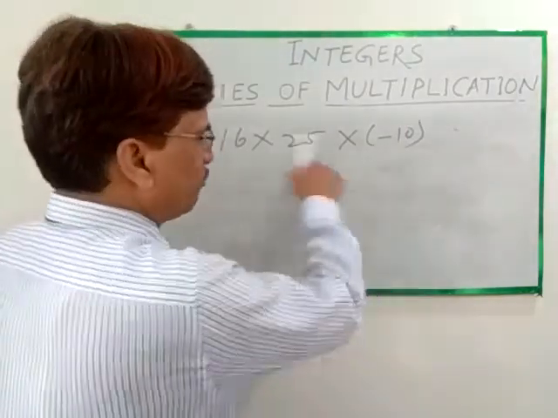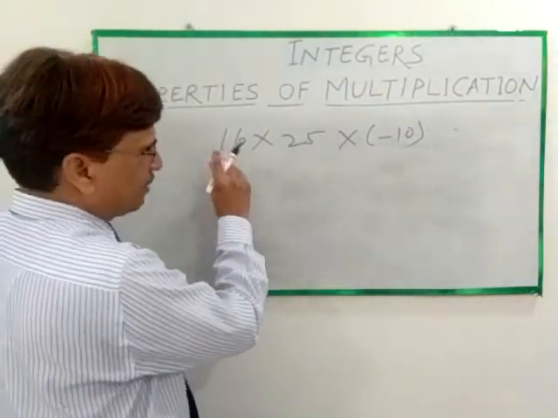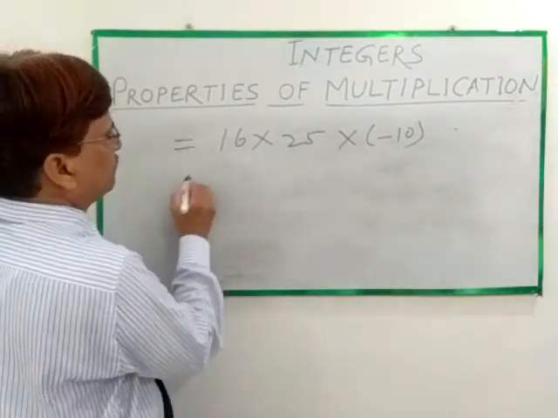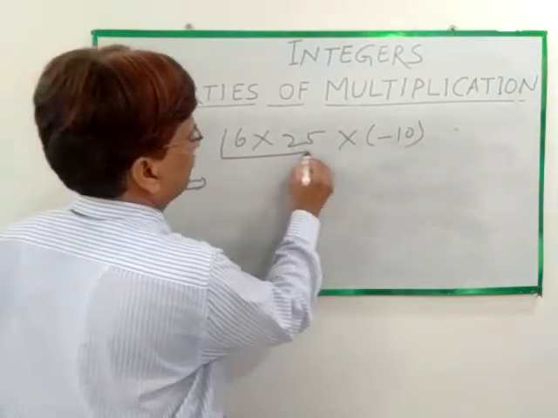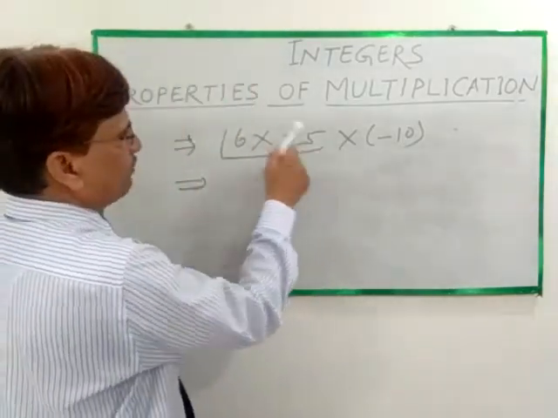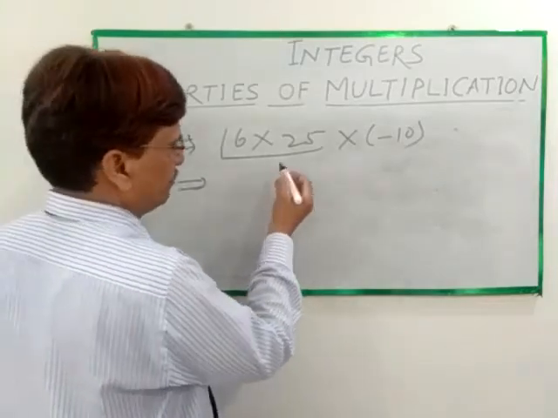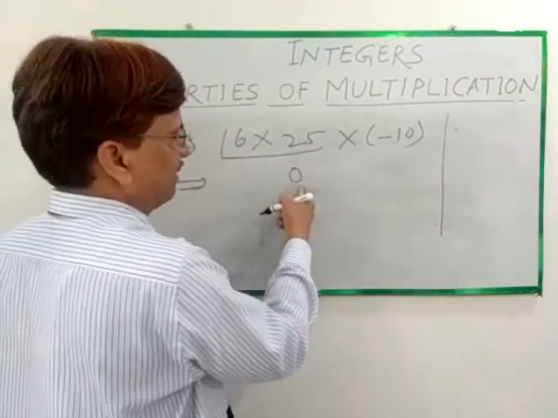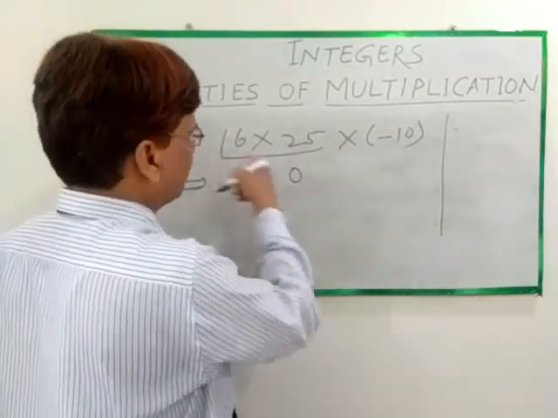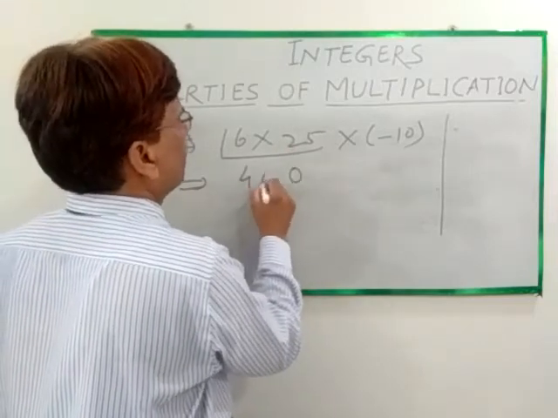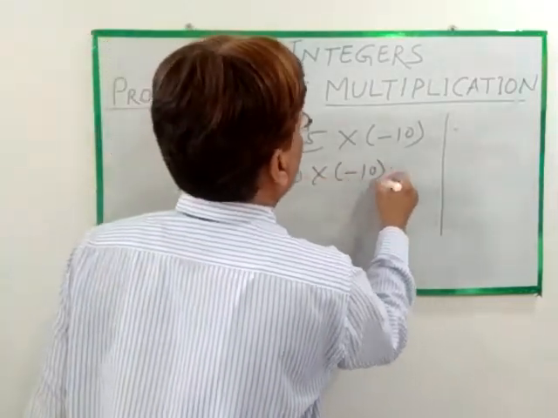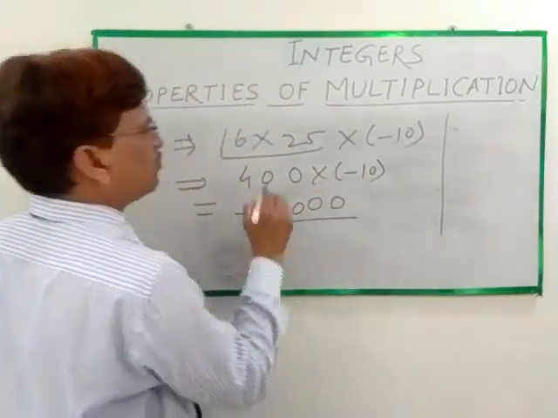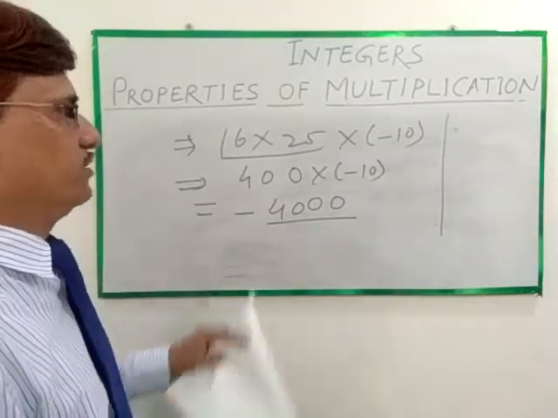Listen to me carefully and look at the board. 16 into 25. If you multiply 16 by 25, it is 400, and -10 makes it -400 and 0, -4000.